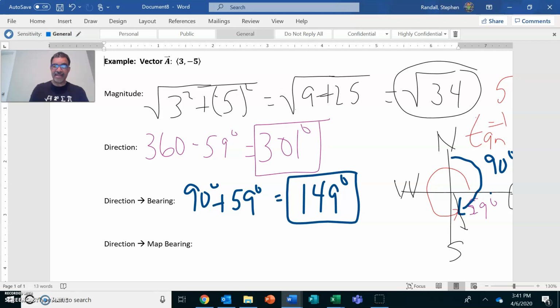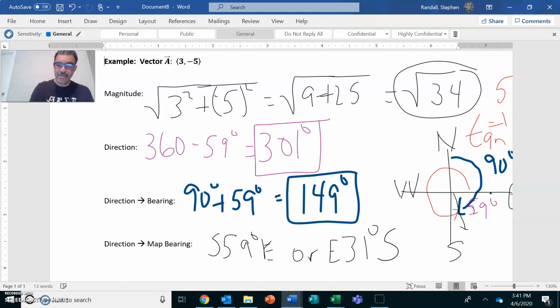We can say that it is 59 degrees south of east, or we could say that it is, what is 90 minus 59? That is 31. 31 degrees east of south. Either one of those would be a map bearing.